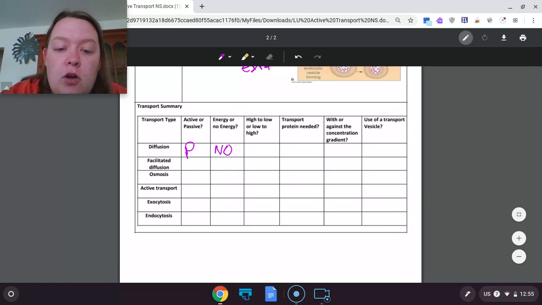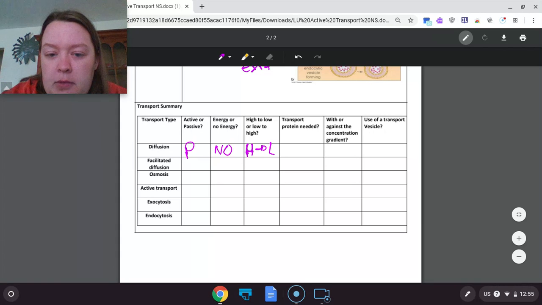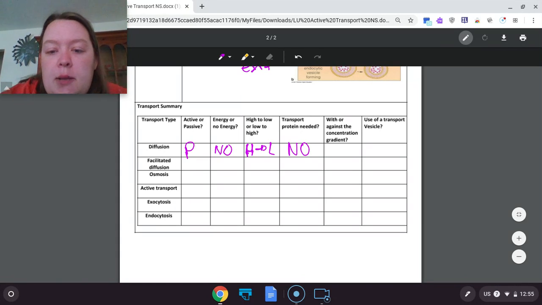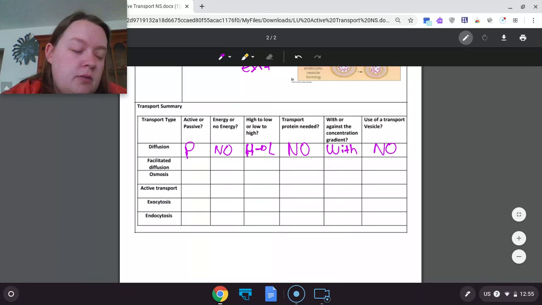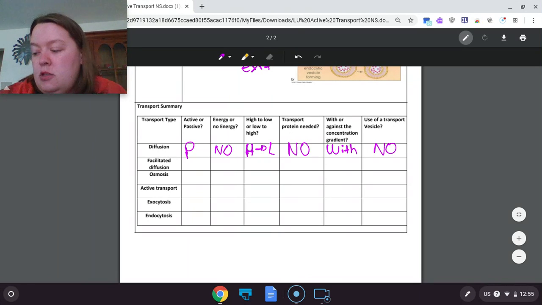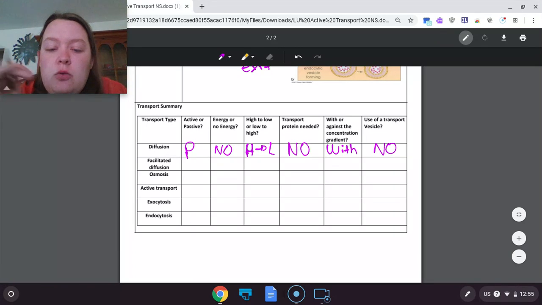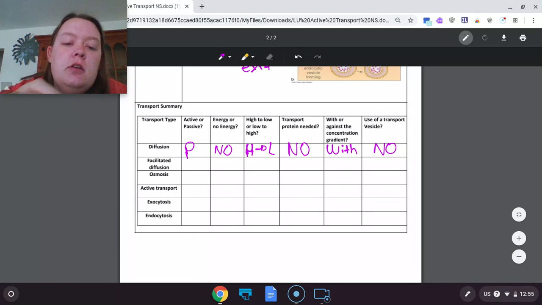It involves going from an area of high concentration to an area of low concentration. It does not require a protein. Things are going with the gradient, and there is no vesicle.